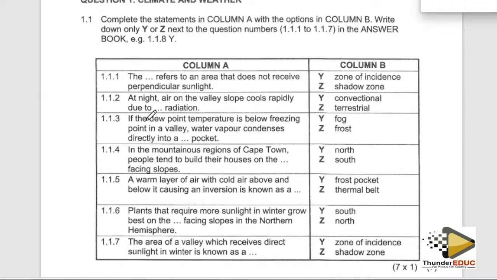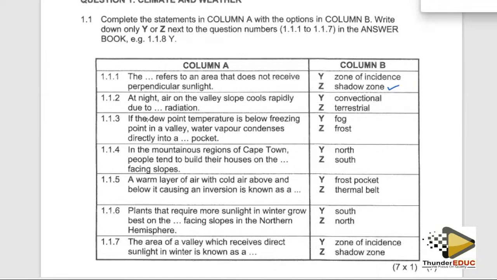And that was easy. Of course, our answer is going to be the shadow zone, or Z. The shadow zone does not receive direct heat, because the sunlight will go perpendicular to another section.